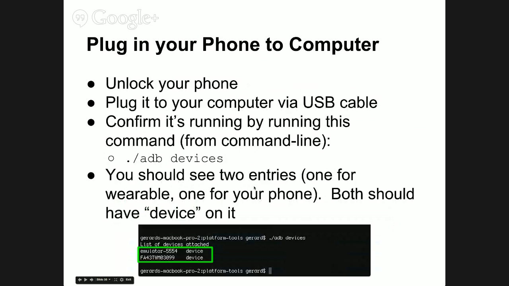Then you run adb devices. You should see two items here. The first is your watch. The next is your phone or tablet. And it should say device. If it doesn't say device, check your phone, plug it in again. There might be some step.